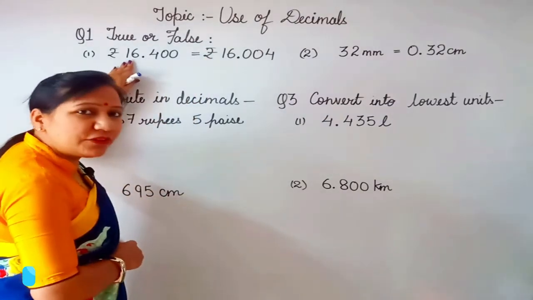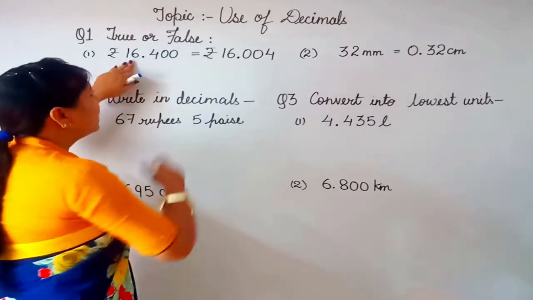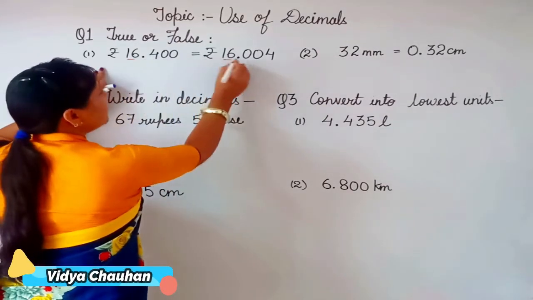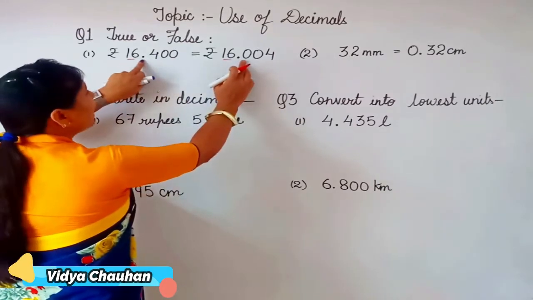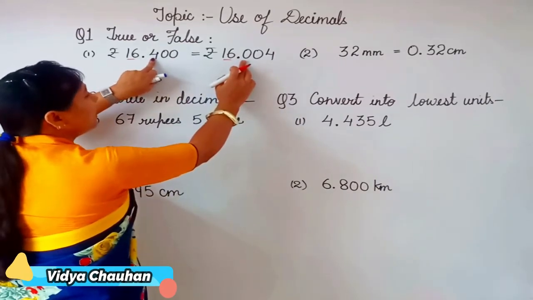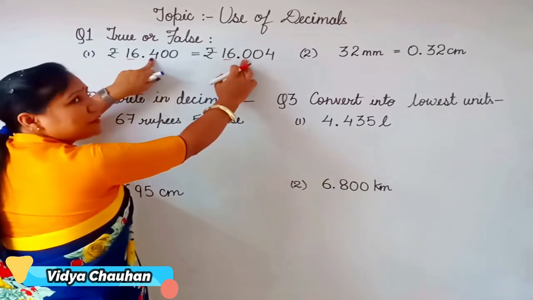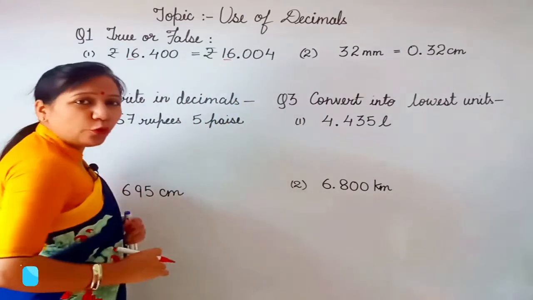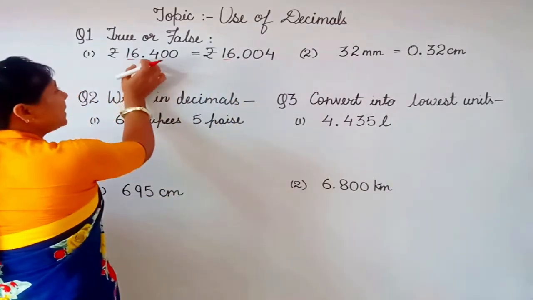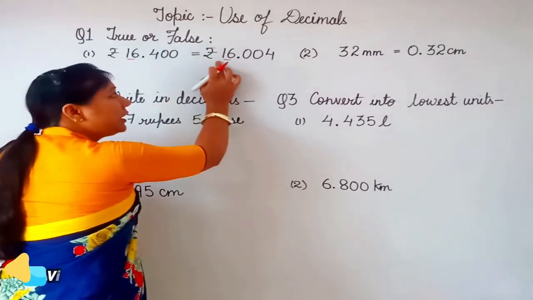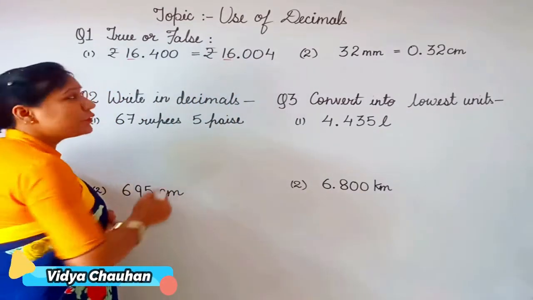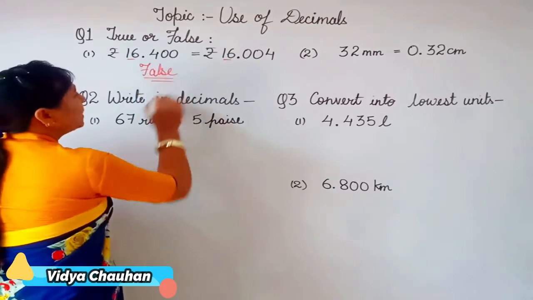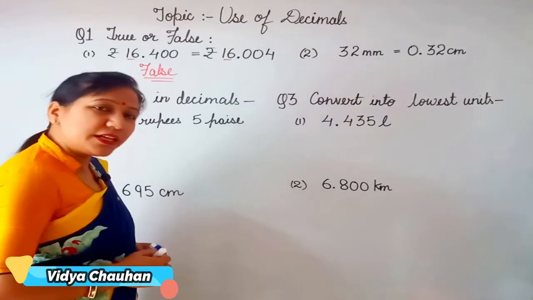Before the decimal, the digits are the same, 16 and 16. After the decimal, the next place in the first number is 4 and here it is 0. Is 4 equal to 0? No. That means 16.400 is not equal to 16.004. This clearly shows our statement is false.